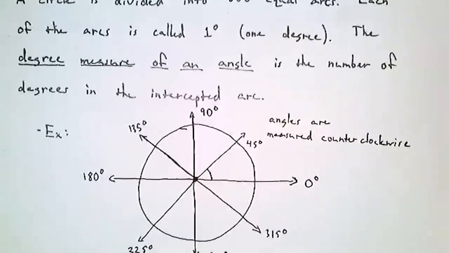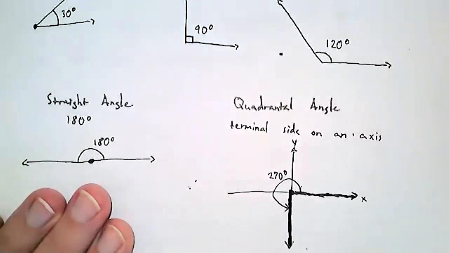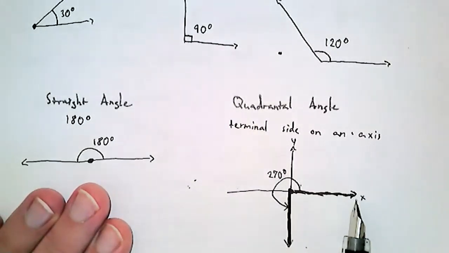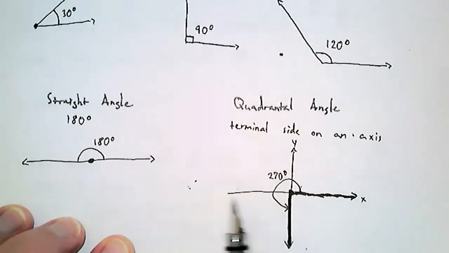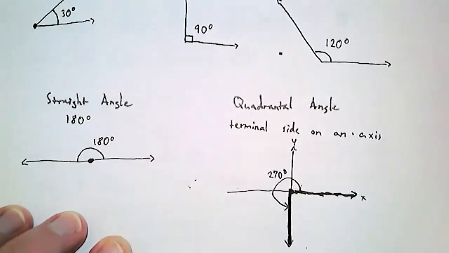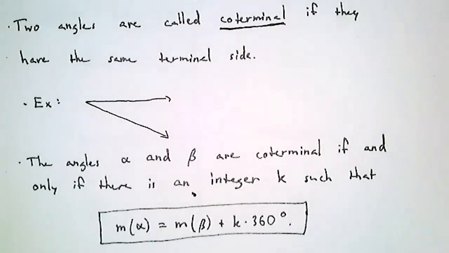So just like on the XY plane, I can go down here to my picture. This direction corresponds to positive along the x-axis. This direction corresponds to negative along the x-axis. Negative angles tell us to go the opposite direction.